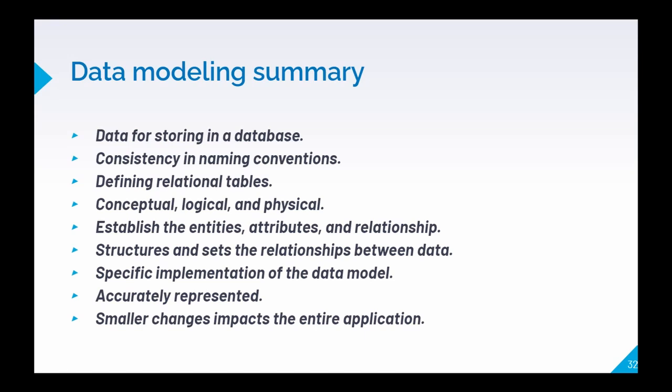Number 2, data models ensure consistency in naming conventions, default values, and security, while ensuring quality of the data. Right, so consistency. And then the third, data model structure helps to define the relationship between tables.